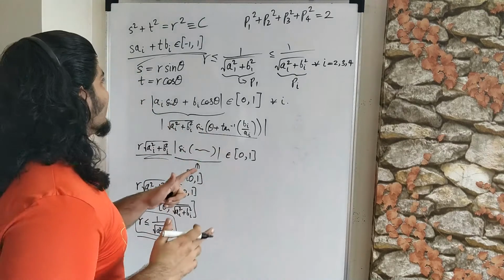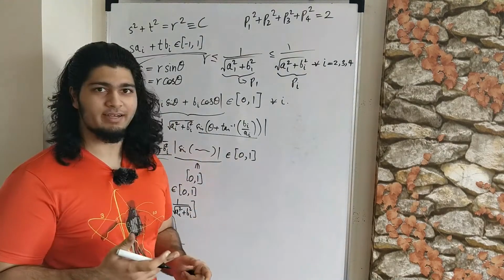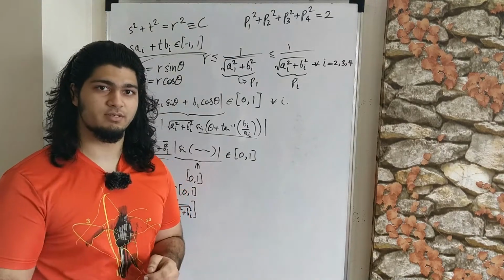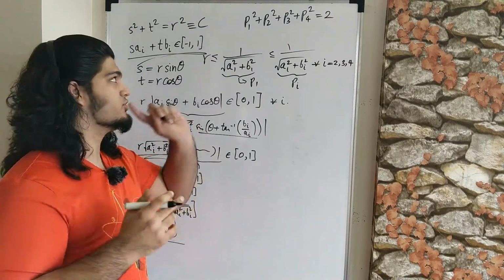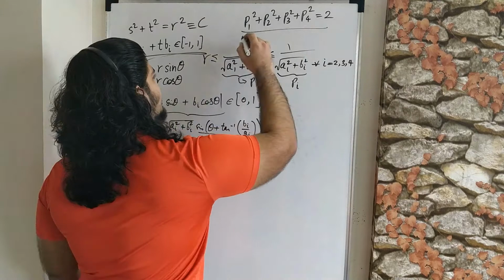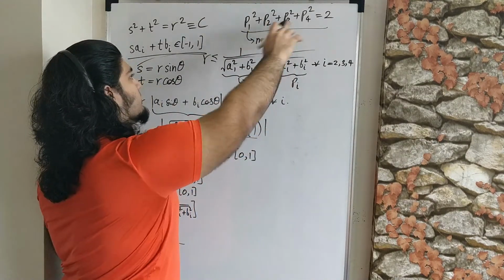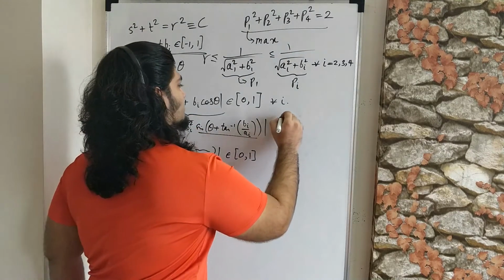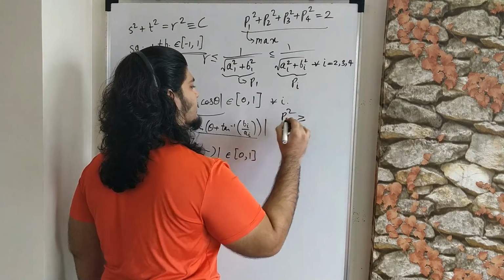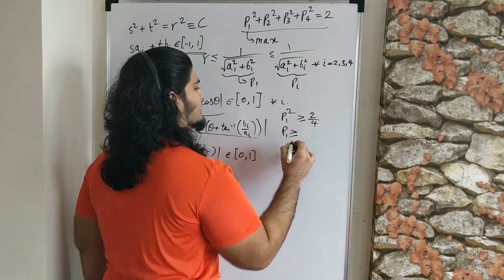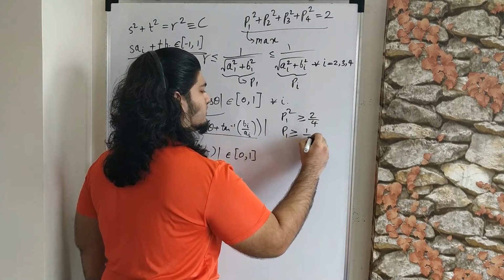And we already established that a and b are unit vectors, so the sum of the squares of their modulus is 2. So we have this equation, and p1 is the maximum among these. So that means p1² is greater than or equal to 2 over 4. So p1 is greater than or equal to 1 over root 2.